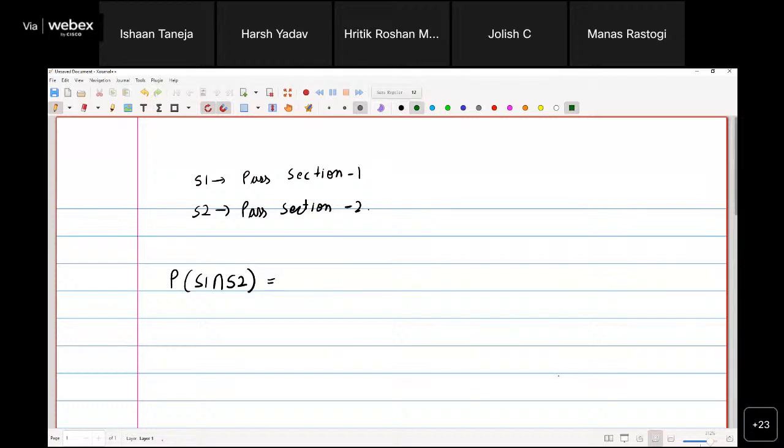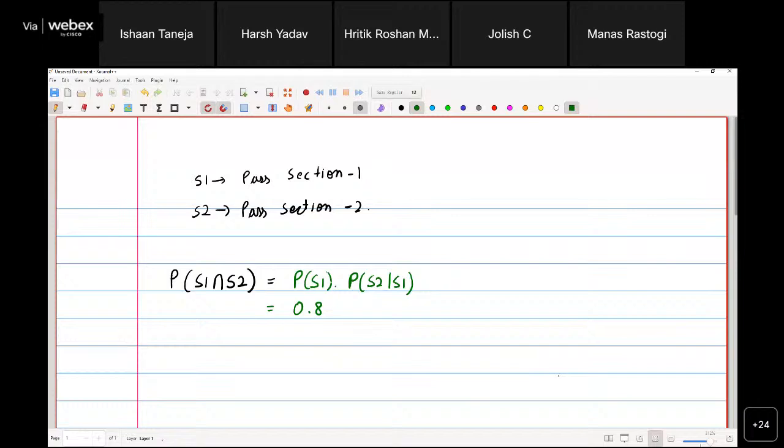Probability of S1 times probability of S2 given S1. Okay, and what are these probabilities? Probability of S1 will be 0.8 and probability of S2 given S1 will also be 0.9, because S1 will not affect the probability of S2. Is it given?